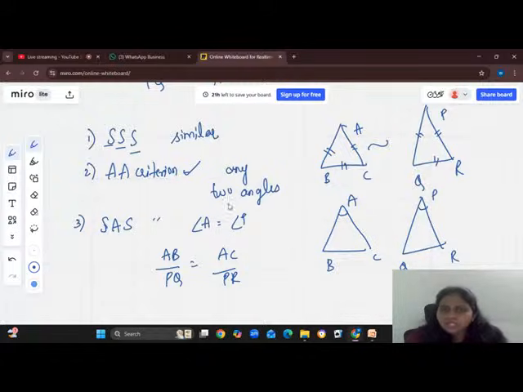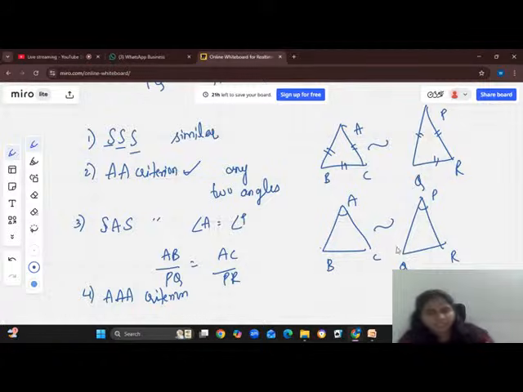Then only can we say that both triangles are similar. And the last one is the angle criterion.